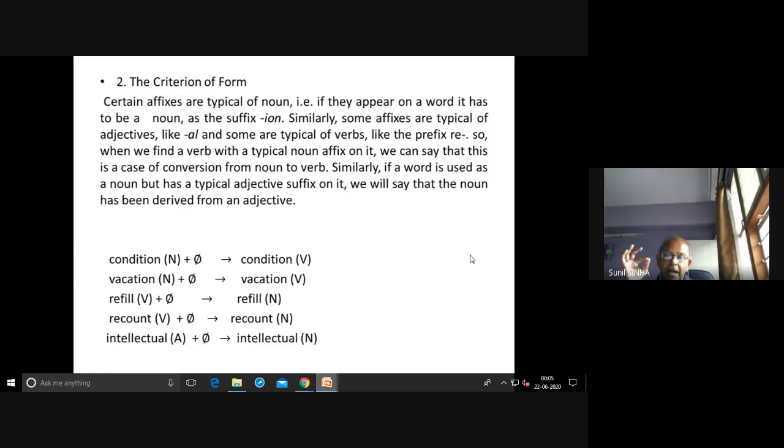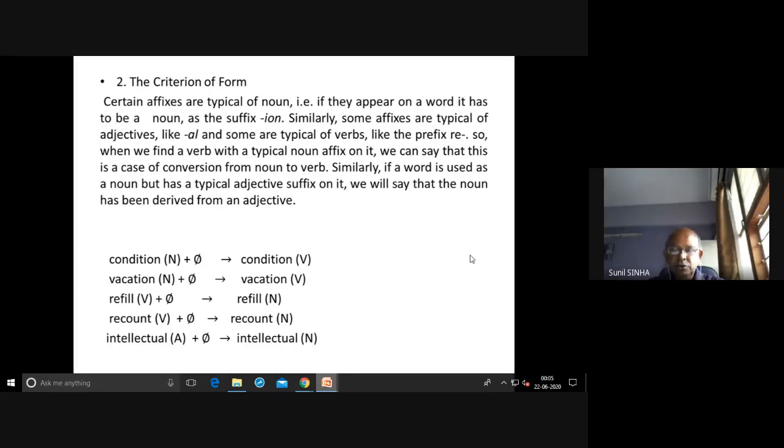And I'm trying to tell you that condition as a verb has been derived from condition as a noun. The proof is that condition ends with ION, and therefore this is basically a noun, and anything that is derived will be derived from the noun condition. So the verb condition or the verb vocation has been derived from the noun condition and the noun vocation.